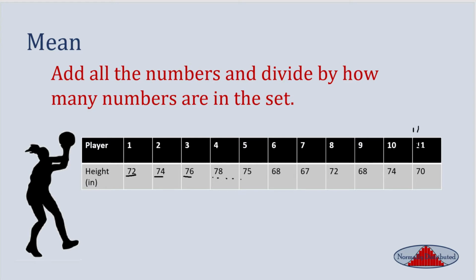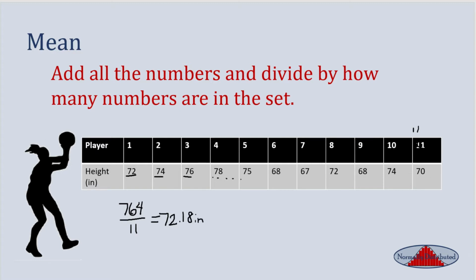So I went ahead and did that. And if you add all these numbers up, you get 764 inches. And now you divide that by the number of people on the team, which is 11. And this is going to give you a value of 72.18 inches.